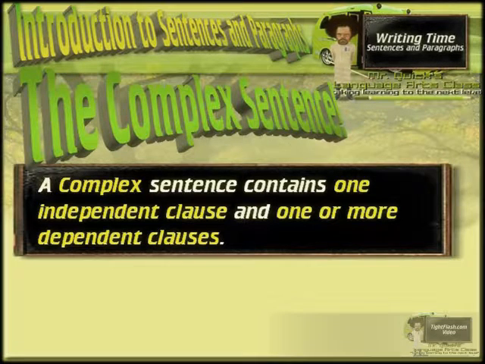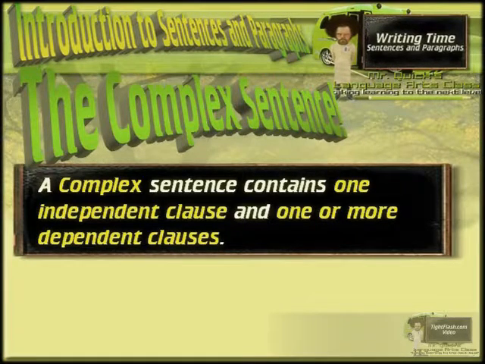but only one of the independent clauses is going to be free of a subordinating conjunction. Now let me say it again in a different way. A complex sentence contains at least two independent clauses, with one of the independent clauses beginning with a subordinating conjunction, a special word.